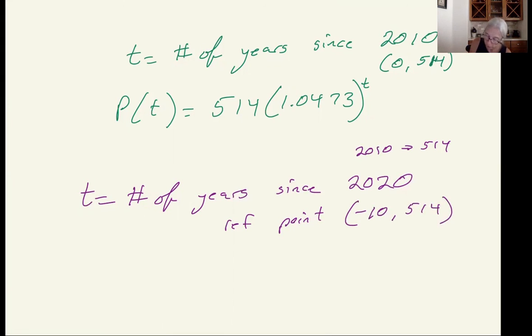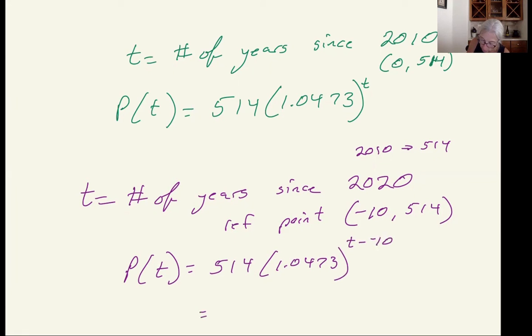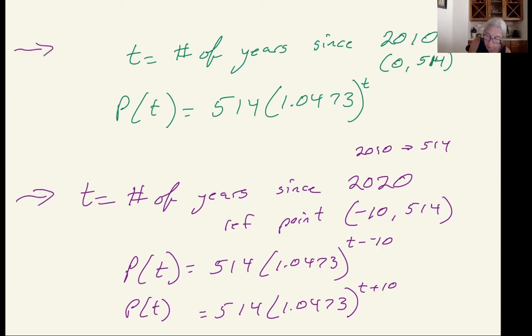So when I go to write my formula now, I would have 514 times 1.0473 raised to the power of t minus negative 10. Or I could say P of t is 514 times 1.0473 to the t plus 10. So we have to be careful how we're defining our variables, because every time we define a variable, that affects what my reference point is. And that effect on my reference point has a major effect on how I write my formula.